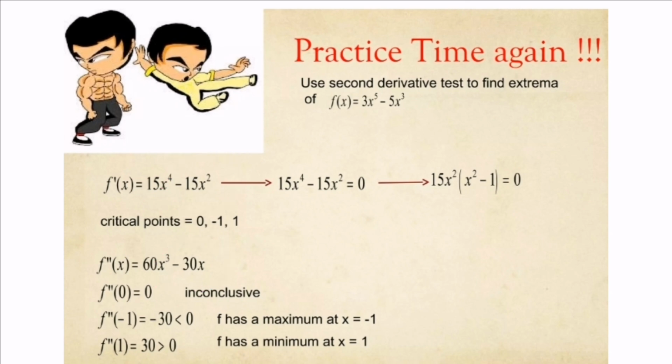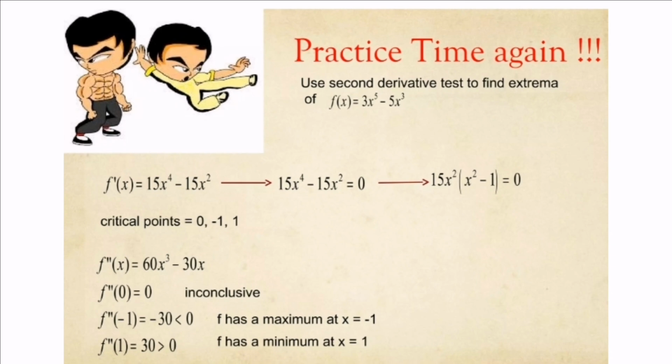Now if we substitute the first critical point x equal to 0 in this second derivative, we get f double dash of 0 is equal to 0. So in this case, the test fails.